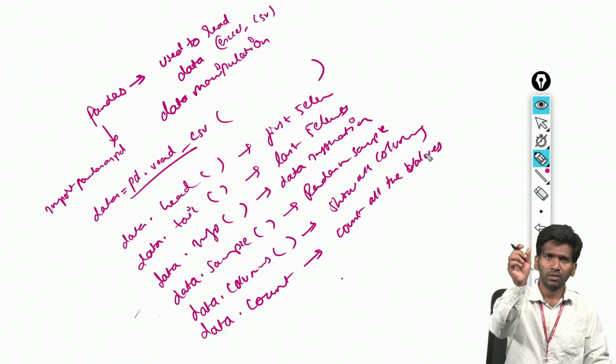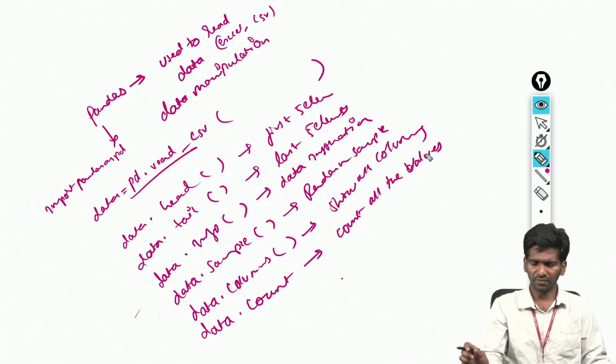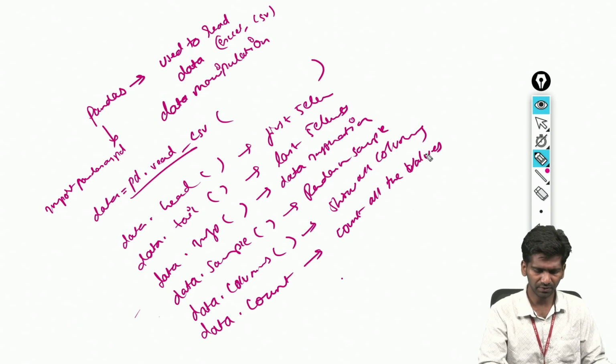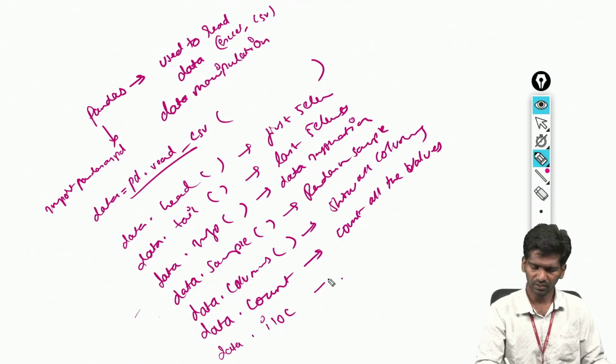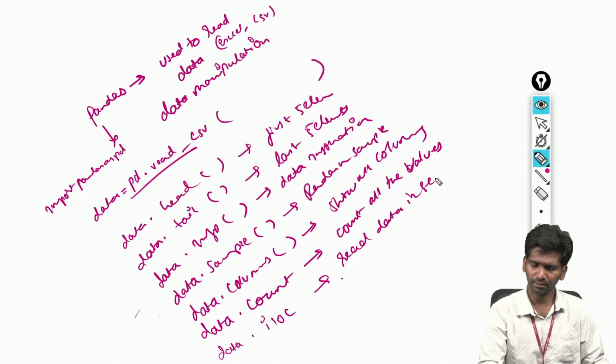The first column has how many values, the second column has how many values, the third column has how many values. In that way you can find it. Apart from this, we have the iloc function also. The iloc function is used to read data in segments.